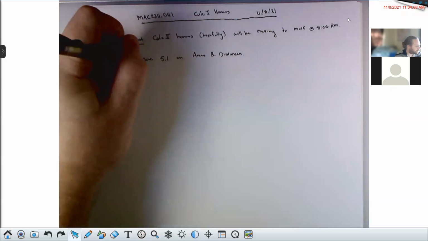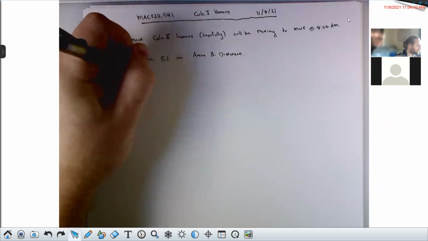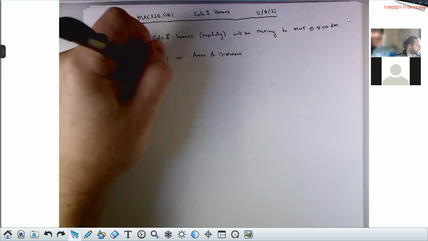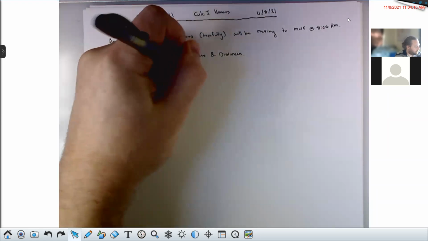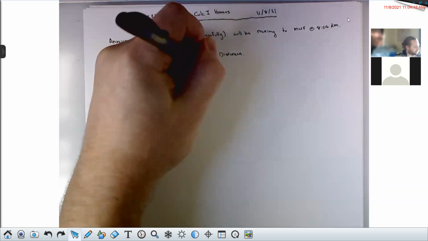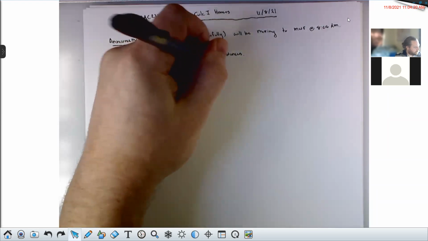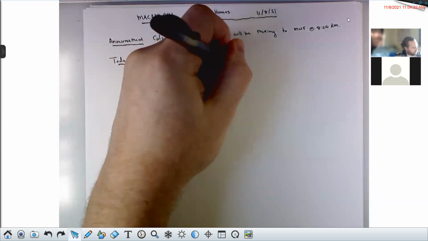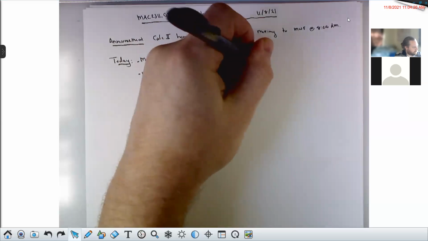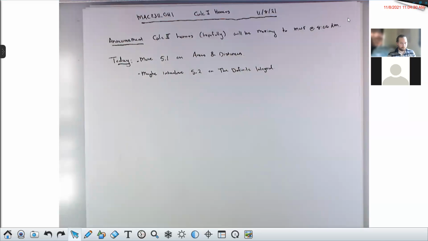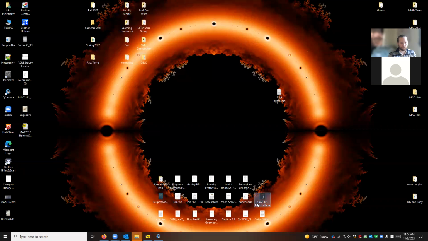And we might introduce 5.2, which is on the definite integral. So what I would like to start by doing is just popping open your textbook and taking a quick peek.